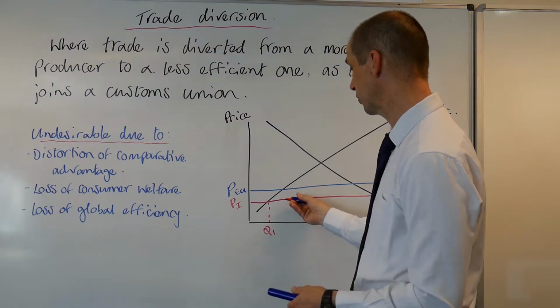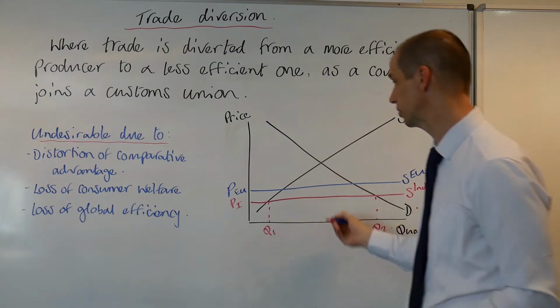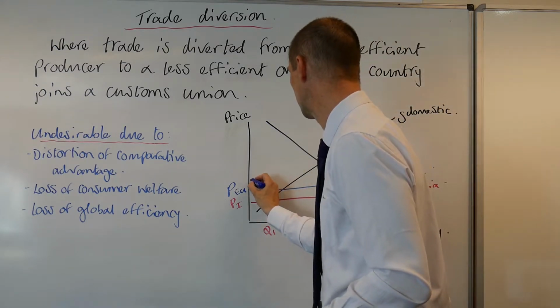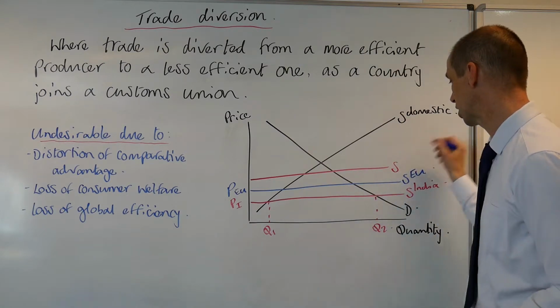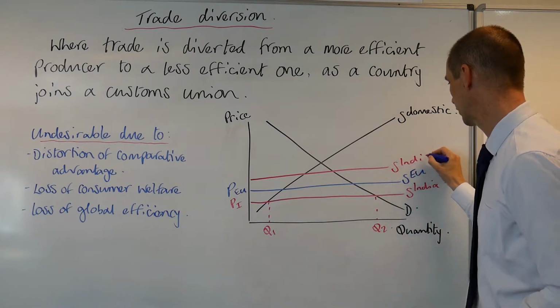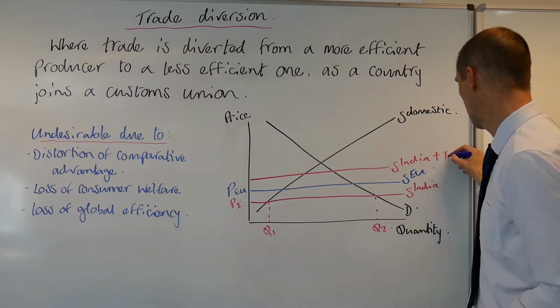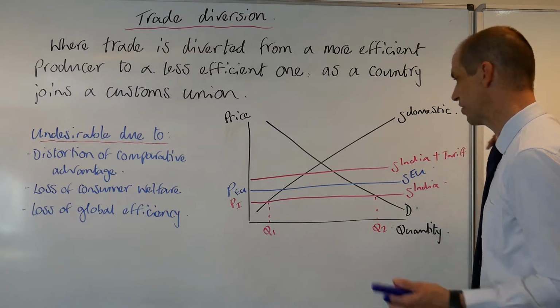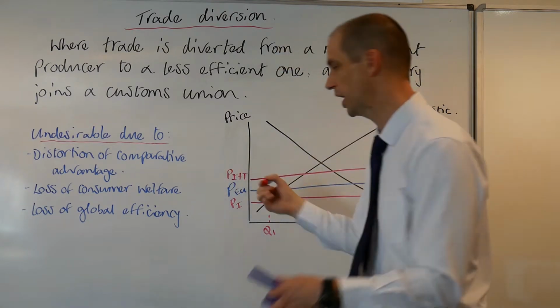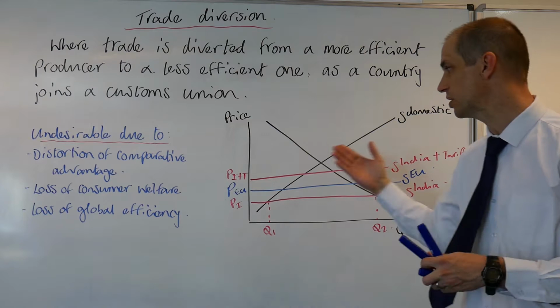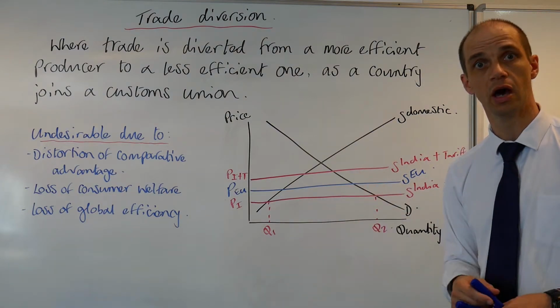So as we put that tariff on Indian goods, then it means Indian goods become more expensive. So we can see this occurring right here. So we've got the supply available from India plus the tariff. There it is, and we can just put in PI plus T.